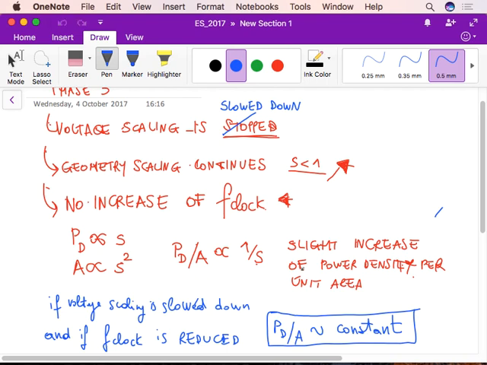And so this is the reason why from 2005 there has been no increase in clock frequency, but a complete switch to double core, quad core, 8 core, and so on. And this is the situation in which we are now.